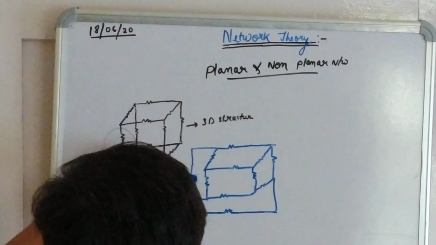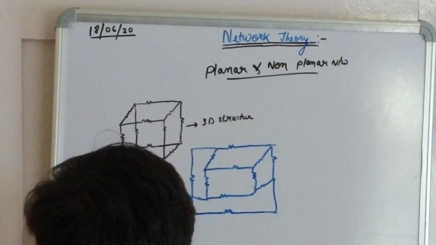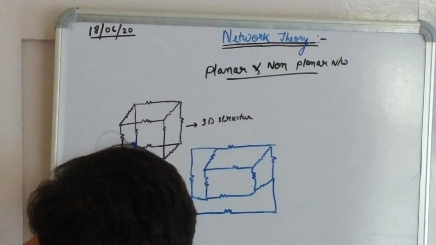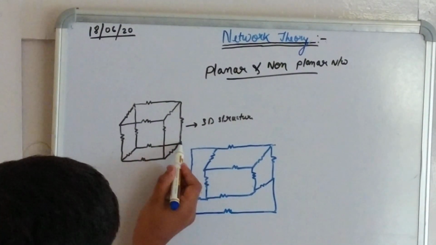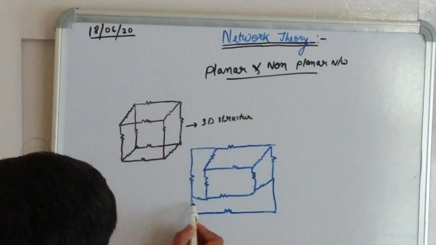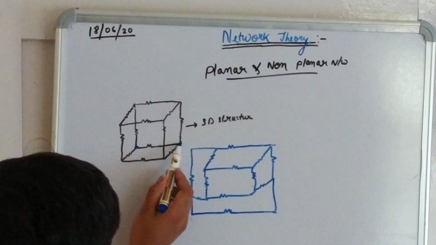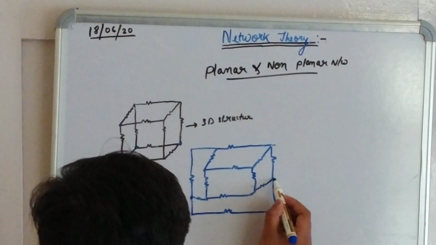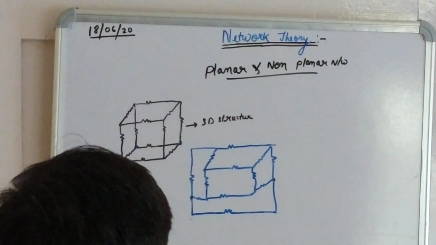This part I've shifted downward, so you can see the connection. After shifting downward, this point is this point, this point is this point, and this point is this one. Okay, fine.